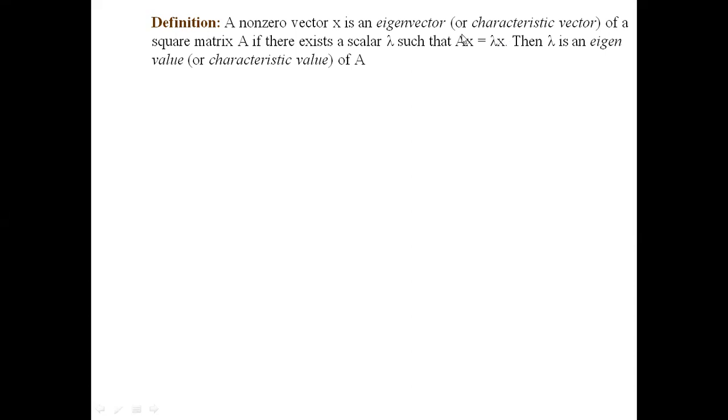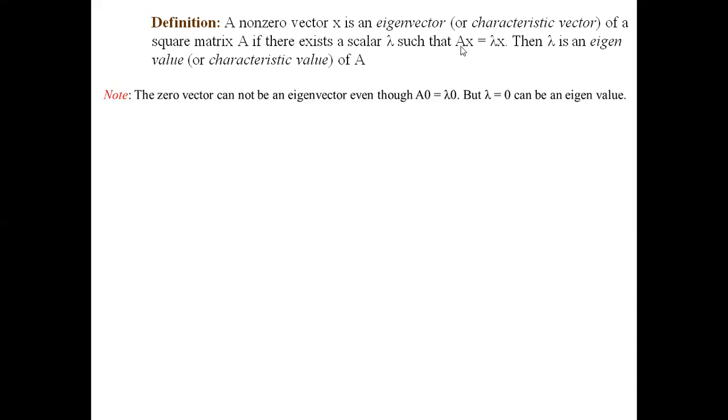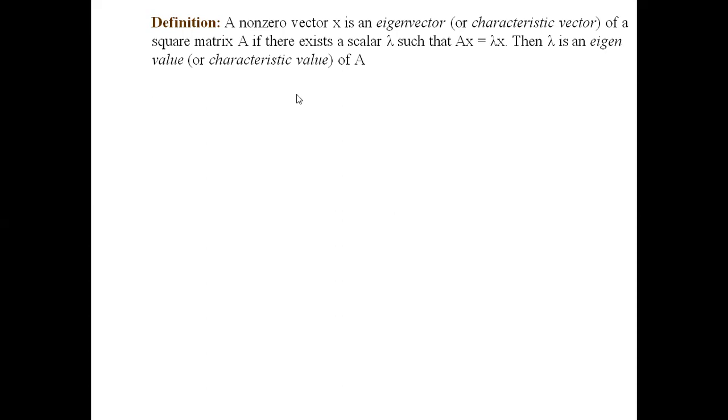If this condition is satisfied, when the matrix times that vector is equal to some scalar times that vector, then lambda is an eigenvalue, or sometimes called the characteristic value of A. Write down this definition, everyone. First write down the definition, then we will discuss further.